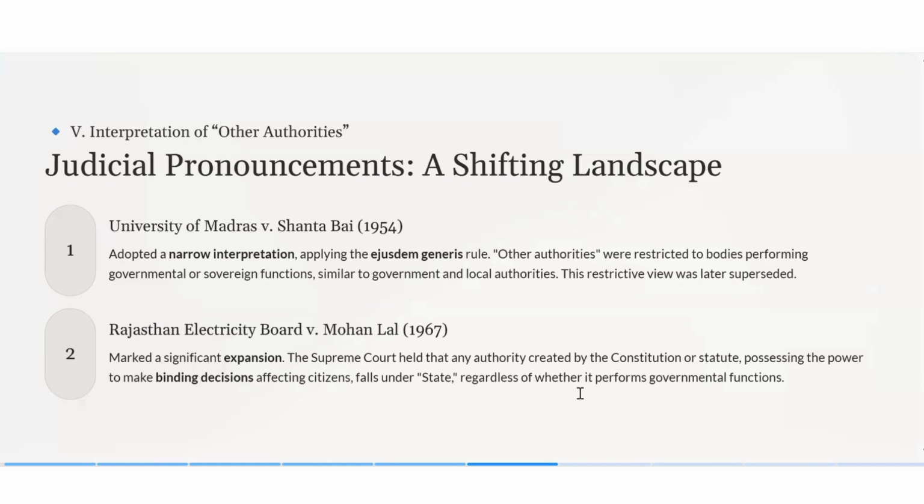There is another very important case, and it is a landmark judgment, Rajasthan Electricity Board versus Mohan Lal, 1967, which marked a significant expansion. The Supreme Court held that any authority created by the Constitution or statute possessing the power to make binding decisions affecting citizens falls under state, regardless of whether it performs governmental functions or not.